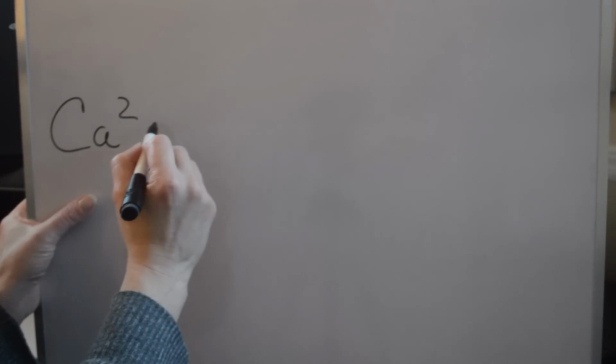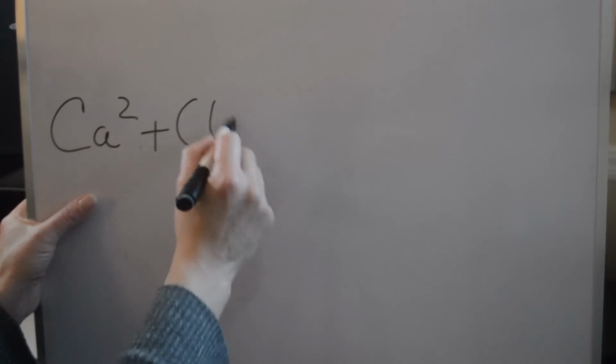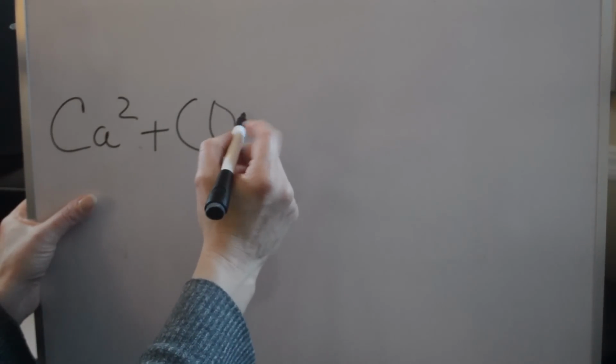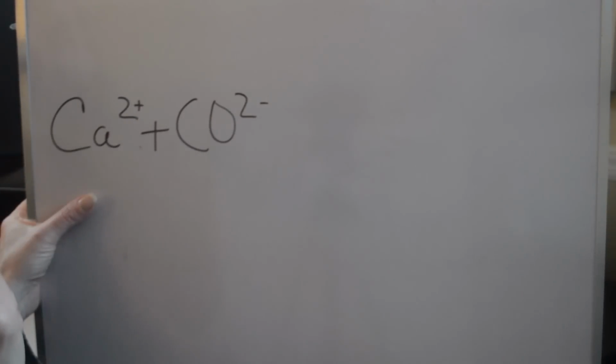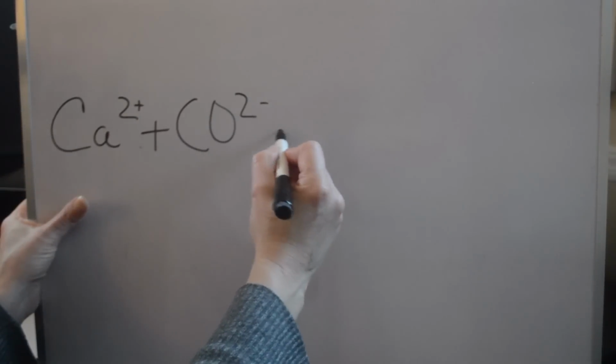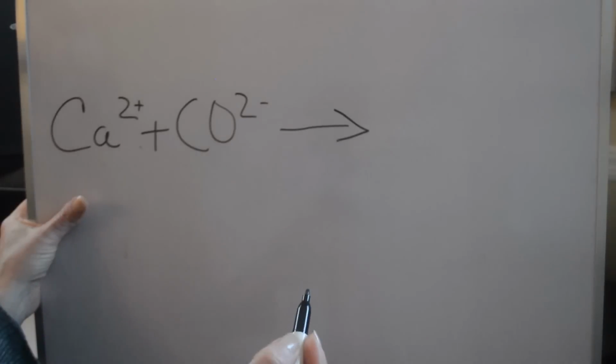Moving on. Okay, our next reaction goes as follows. CaO plus CO2 reacts to form CaCO3.